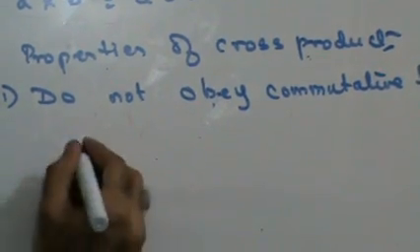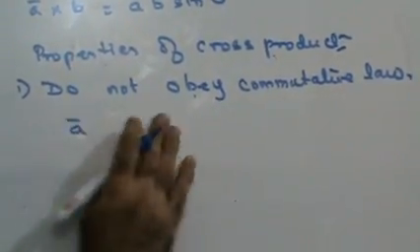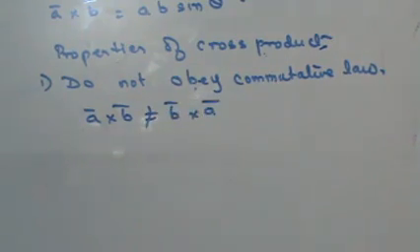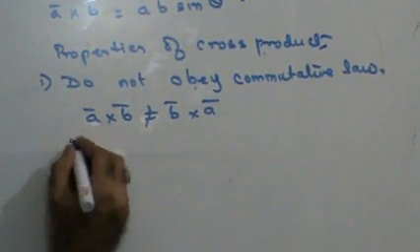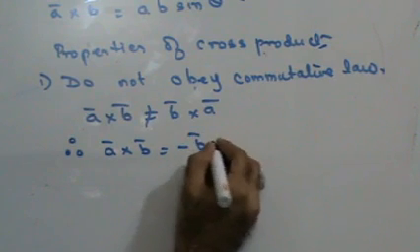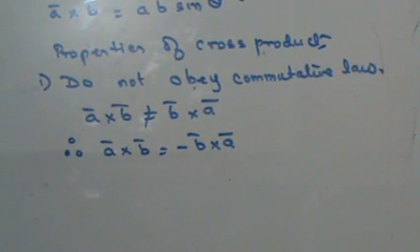That means A vector cross B vector is not equal to B vector cross A vector. Why? Very simple, guys, if you have direction involved in it, then how can they be equal? If you change the direction, how can two vectors be equal? I can say therefore that A vector cross B vector is equal to minus B vector cross A vector. Since you are changing the direction, you have to put a minus sign.